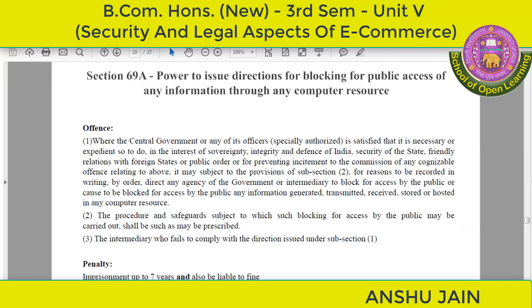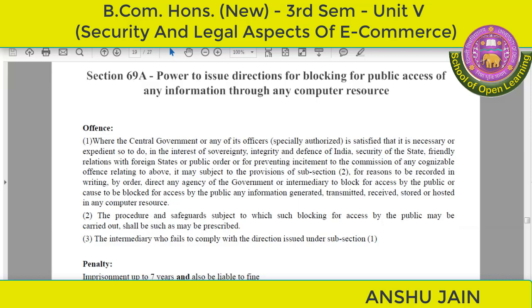You may direct any agency of the government or intermediary to block for the access by the public or cause to be blocked access by the public any kind of information which is generated, transmitted, received, stored, hosted in any computer resource.